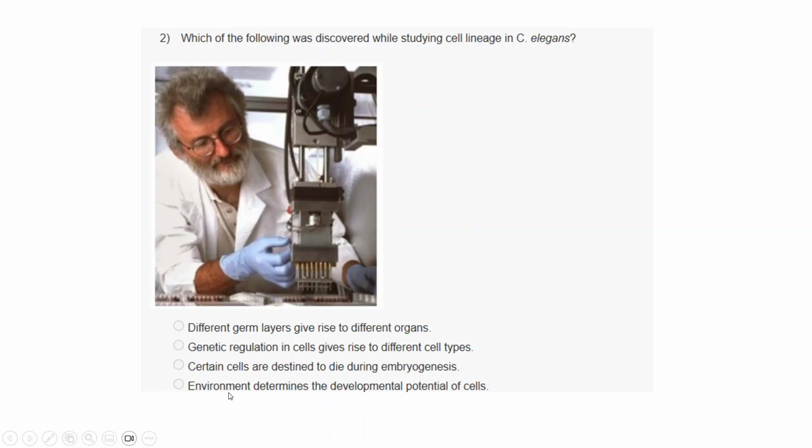Or environment determines the developmental potential of cells. So when the scientists were studying the cell lineage in C. elegans, what was the observation discovered by them? What was their conclusion from whatever they have discovered? This is your question, so try to solve this.